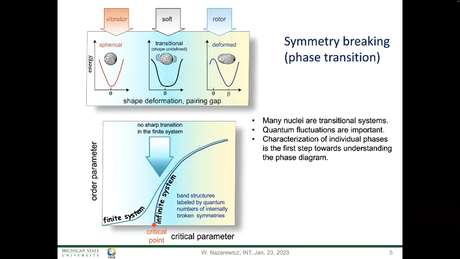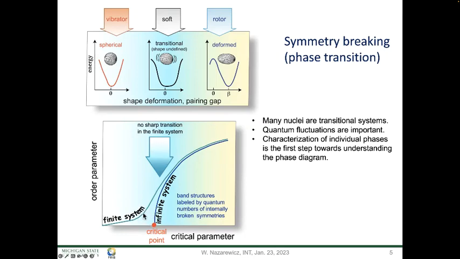Since atomic nuclei are quantal systems, and there are finite-size effects, the transition from here to here is rather smooth, okay? This is the order parameter.